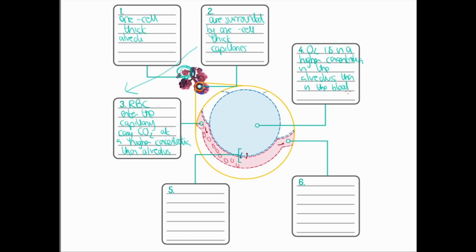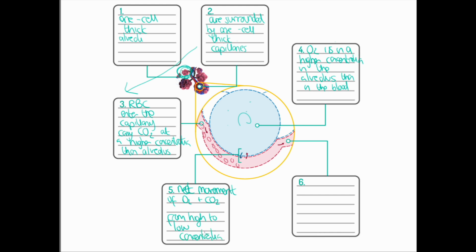So this means we've got lots of oxygen here, and lots of carbon dioxide here in those red blood cells, and we're going to create that net movement across that concentration gradient. The net movement of both O2 and carbon dioxide goes from high to low concentration.